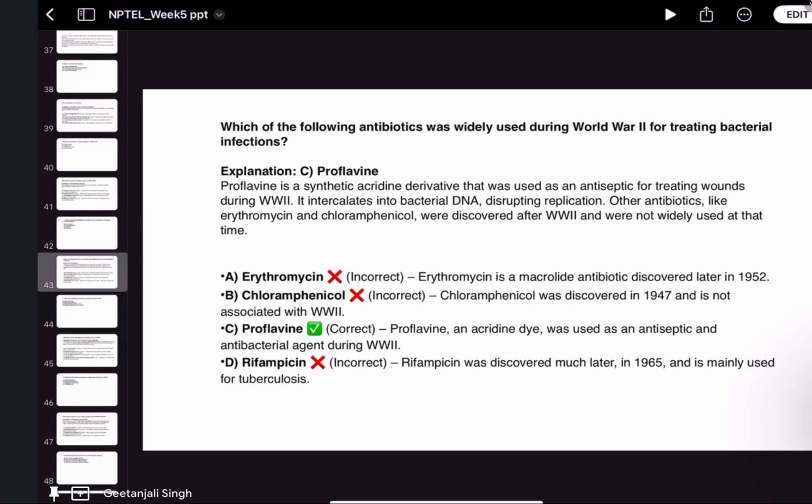Other antibiotics like erythromycin and chloramphenicol, options A and B, were discovered after World War II and were not widely used at that time. Erythromycin is a macrolide antibiotic, and again, these two were discovered after World War II. Rifampicin was discovered even later and is used to treat tuberculosis.